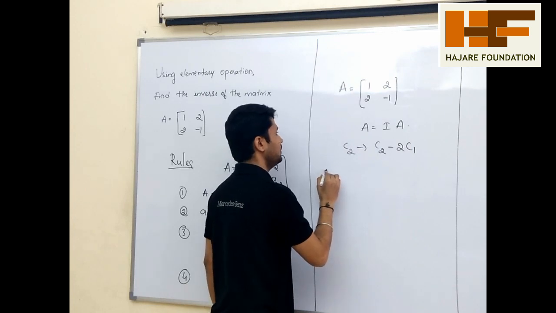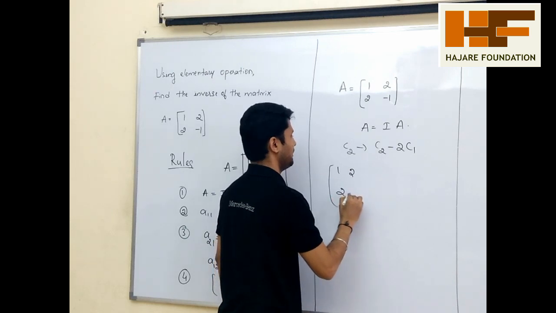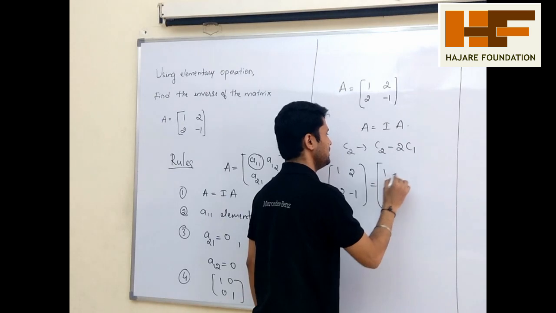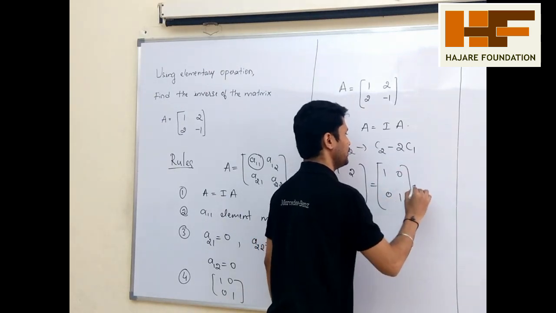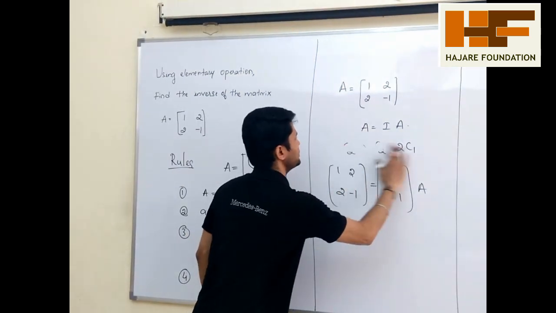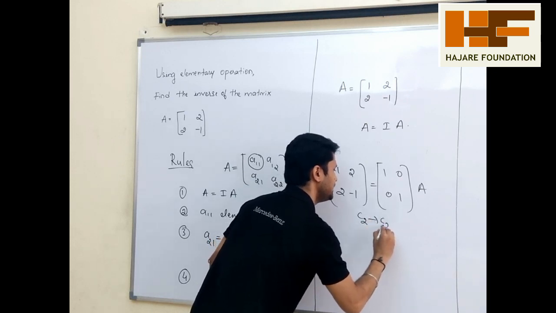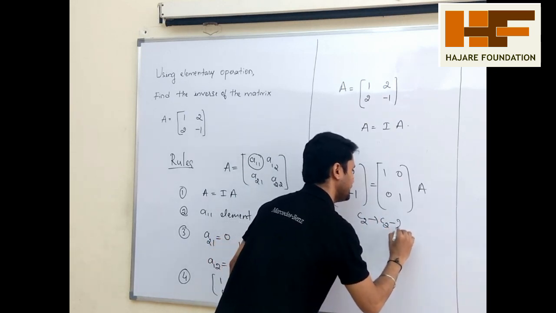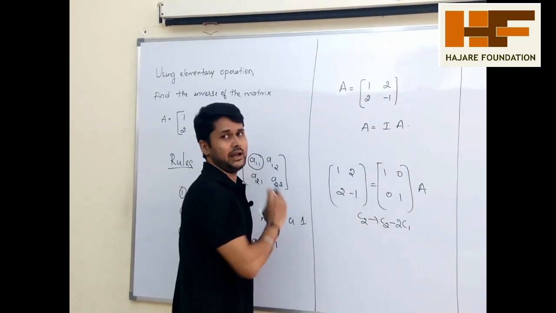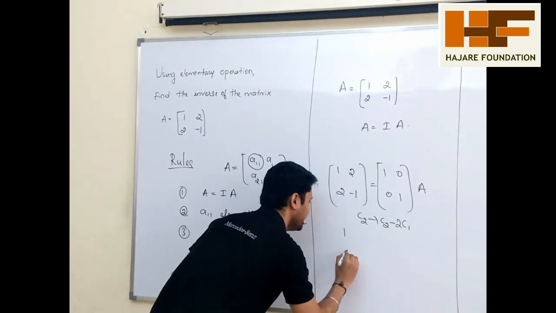A is equal to 1, 2, 2, minus 1, is equal to the identity matrix, 1, 0, 0, 1 of order 2 by 2, into matrix A. C2 changes to C2 minus 2 times C1. Write the first column as it is. Changes only in the second column. First column 1, 2.